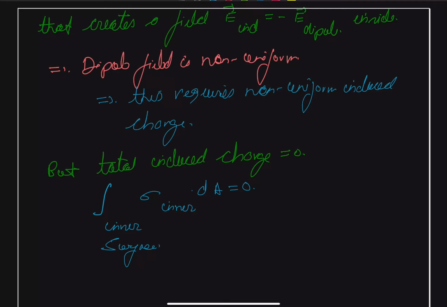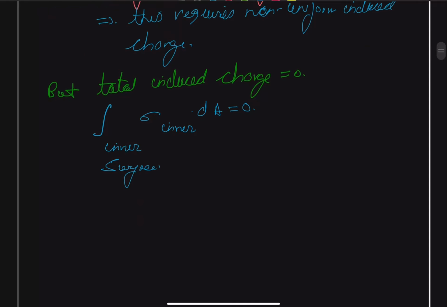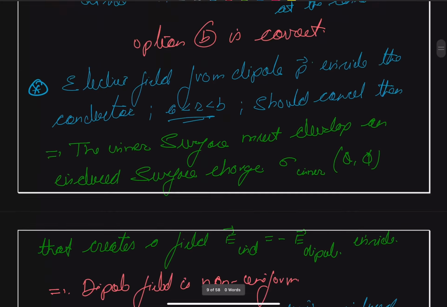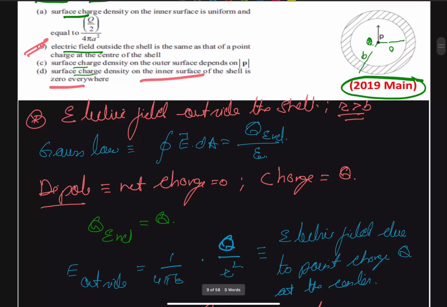So option B is false. Not option B, but option D is false.